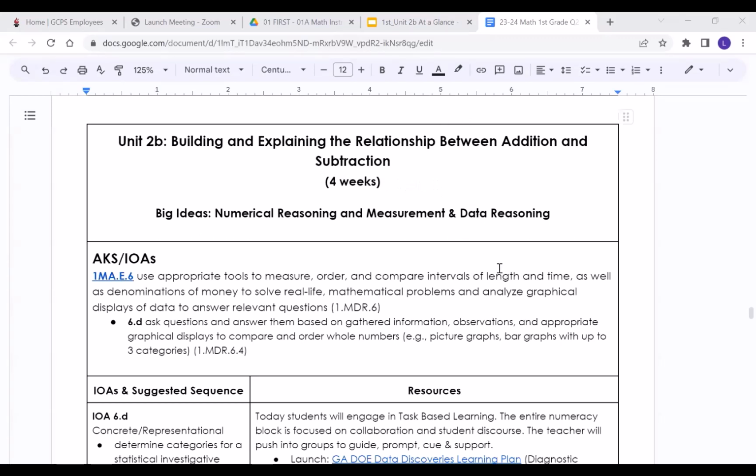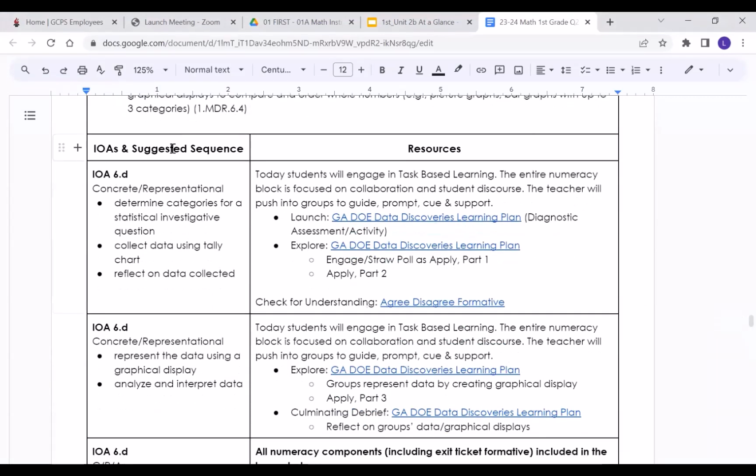In the next box, we see the first AKS and IOA that will appear in the unit. Unit 2B will begin with AKS 6, IOA 6D. The left column of the pacing guide will list the progression through concrete, representational, and abstract strategies. The bullets also indicate the learning objective for the day, as well as any suggested manipulatives.